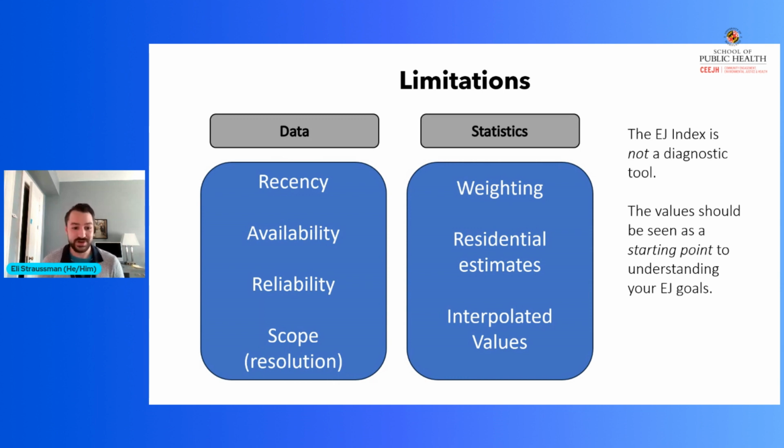Recency, pretty straightforward. How long ago was this data acquired? Much of our data, most of the demographic information, and a lot of the health information is very recent, within the last 2 years. So that gives us a really good idea of those variables in these communities. What isn't as common are things like environmental and toxic facility data.